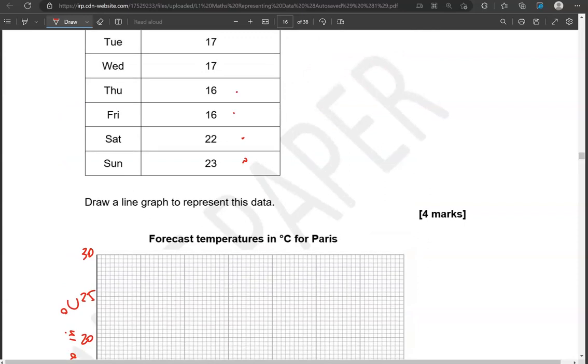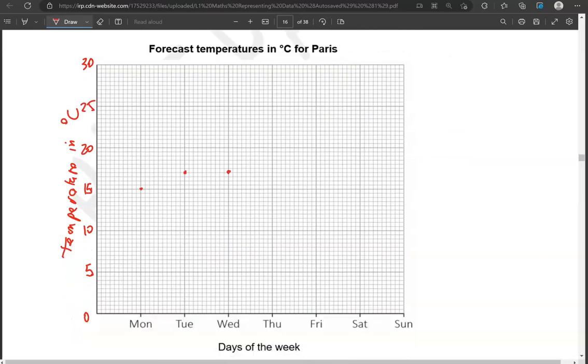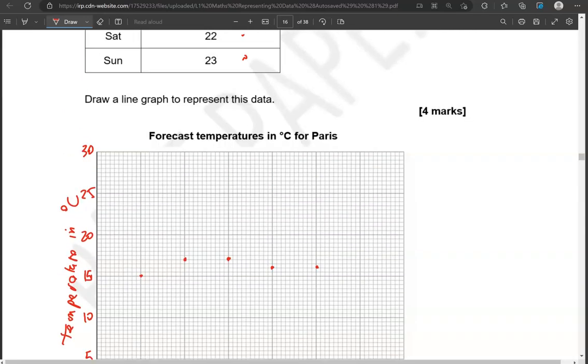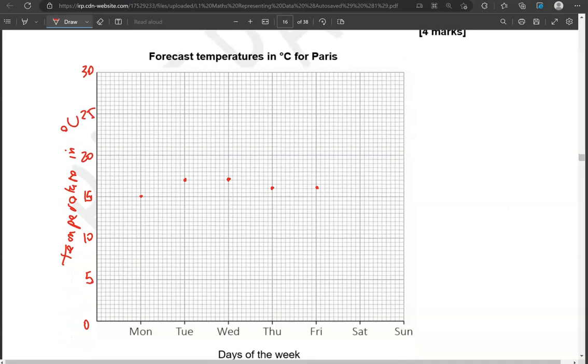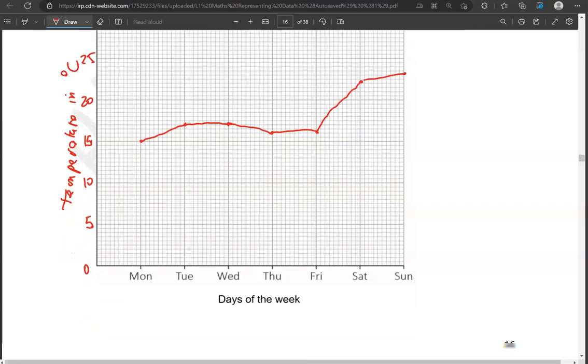Thursday and Friday, 16. Saturday, 22. And Sunday, 23. We'll just connect these dots. And that's complete.